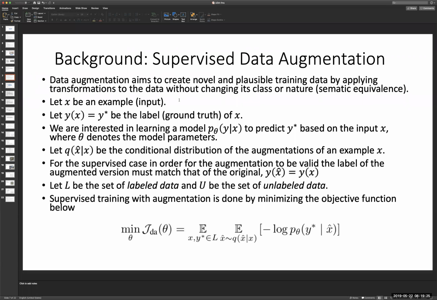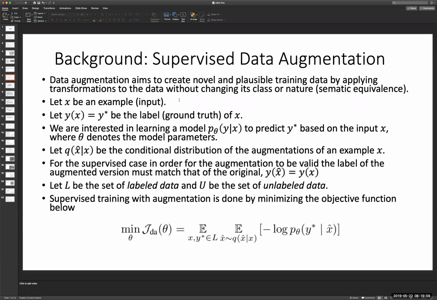Again, data augmentation aims to create novel and plausible training data by applying transforms to the data without changing its class or nature. So the data augmentations that we're interested in are semantic equivalence. To describe the notation in the paper, they use x as an example. Typically that's the input to the model, x.